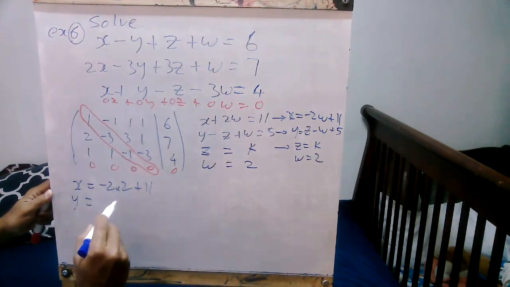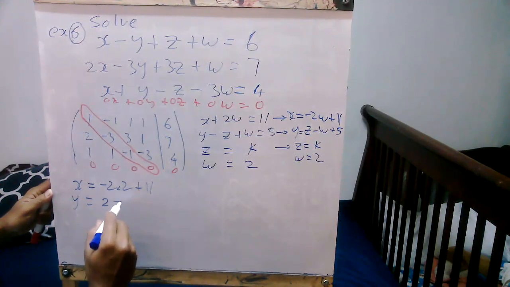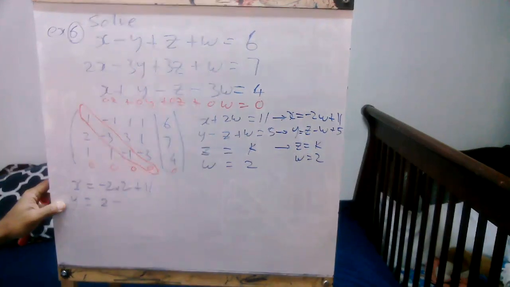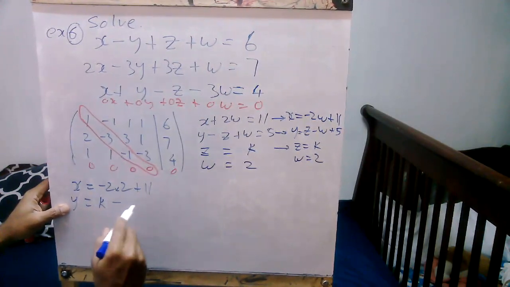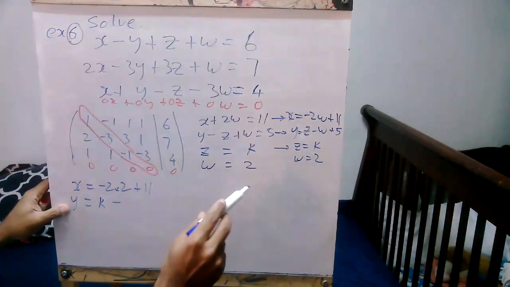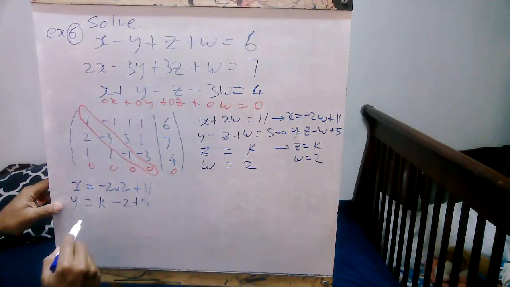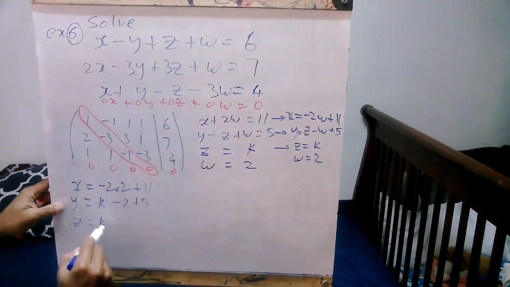Y equals z minus w plus 5, where z is k and w is 2.